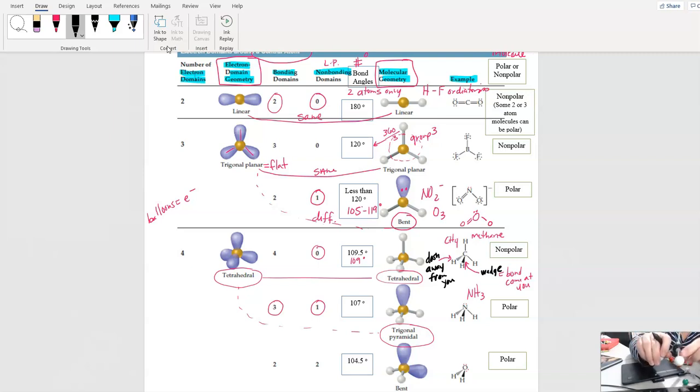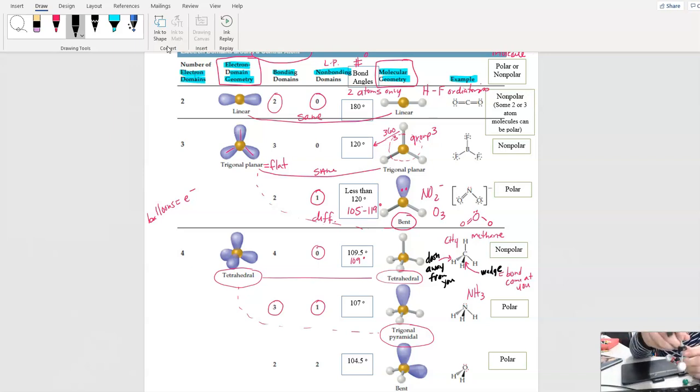One comes at you, and then one goes in the back of the paper. Whether AP draws solid lines or they draw the dashes and the wedges, it doesn't matter, ladies and gentlemen. It's just a point of view. One's coming at you, one's going behind the paper, and one's going to the side. So I just want to let you know what these little solids and dashes mean. The wedges are the filled in bonds, the solid bonds, and these little dashes just mean that they're going away from you.